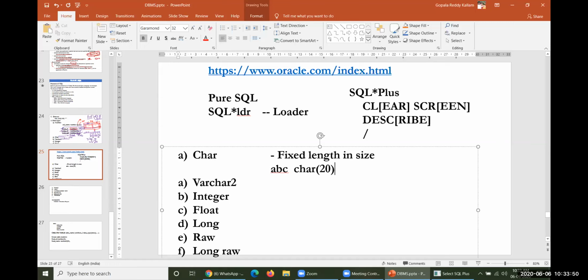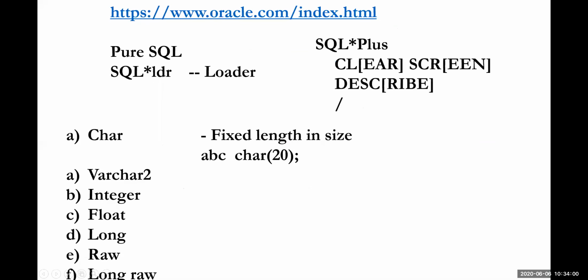It will be taken something like this. So 20 bytes will be allocated before entering the data. Let me draw this, then I will explain very comfortably. Byte number 1, byte number 2, byte number 3, and so on up to 20 bytes are allocated by this particular thing.